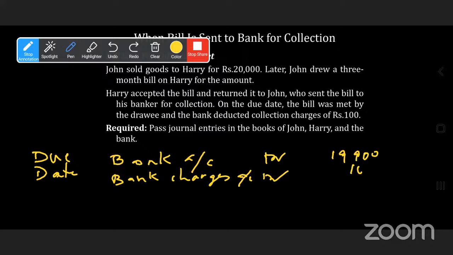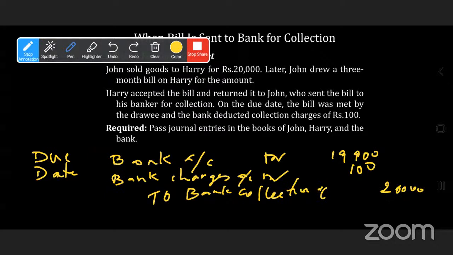Bank charges account debit, that is 100 rupees, to bank for collection account, that is 20,000. Got it?